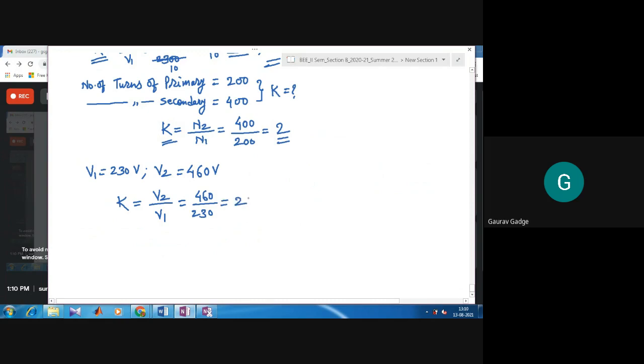It is equal to 2. So this K can be calculated by using the transformation ratio. Okay, and KVA can give you the value of full load currents on primary side as well as on secondary side. Is it clear up to this point?